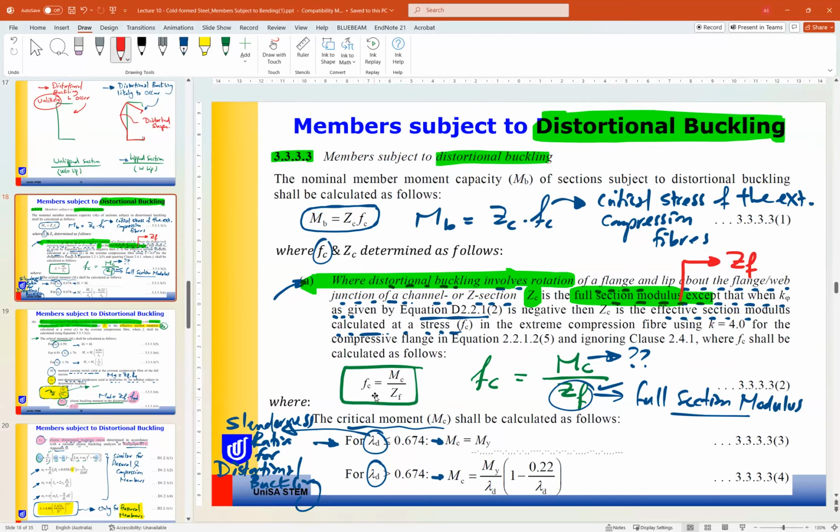Then we need to find FC. FC is equal to MC divided by ZF. No problem with ZF, so the problem is MC. MC can be in case A, depending on these values here, lambda D, one of these.